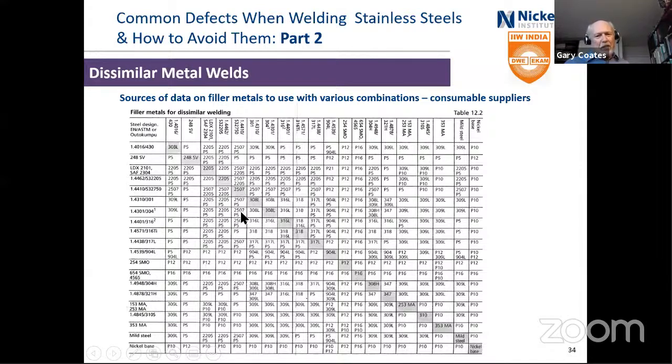Doesn't necessarily mean it's the best choice in all applications, but they are suggestions and something at least to take into consideration. So many of the good welding consumable suppliers do have those charts. And I might say when we get into nickel alloys, and I know we're not talking about them here, the nickel alloy producers will also have their recommendations.